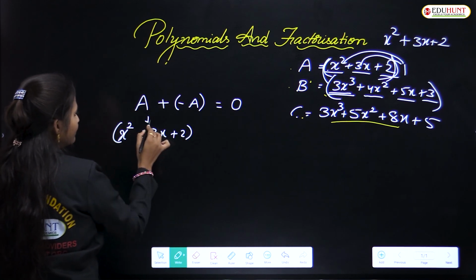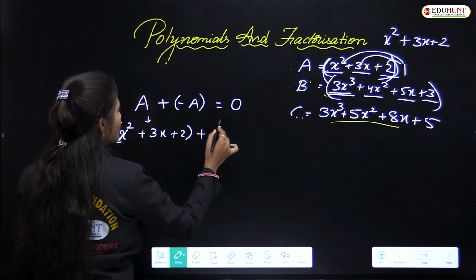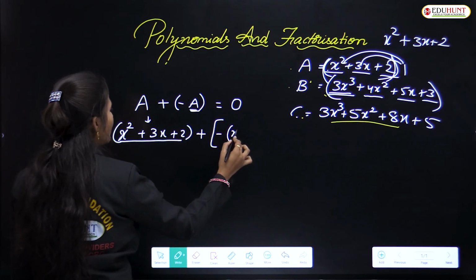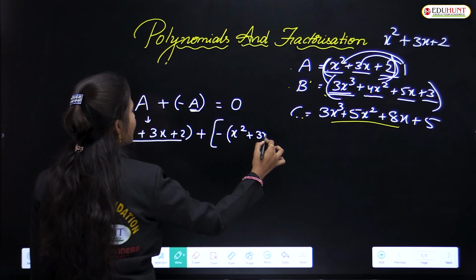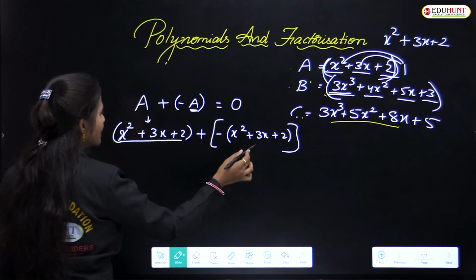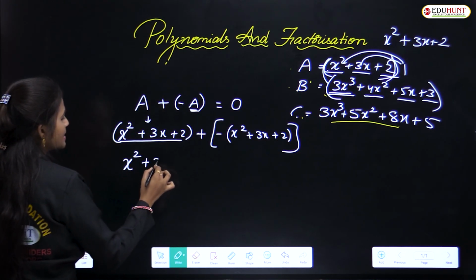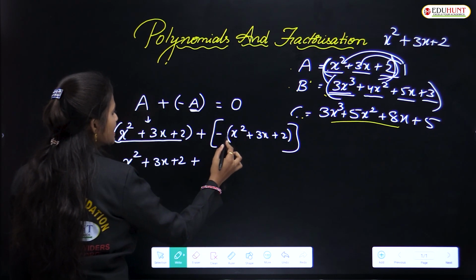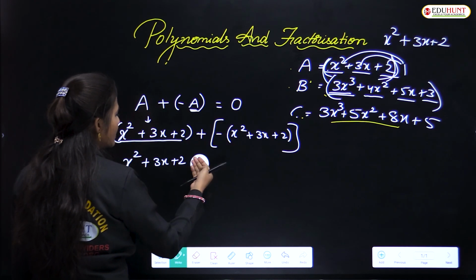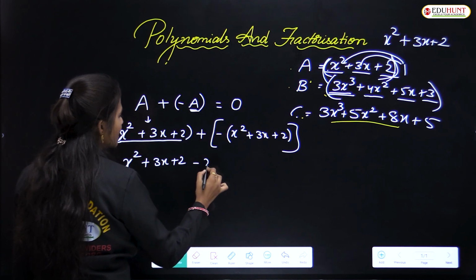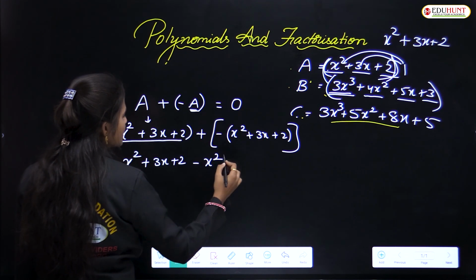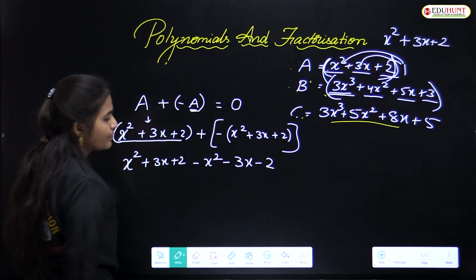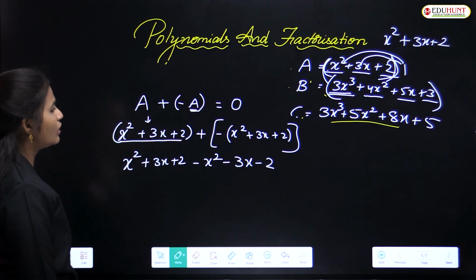Here plus of minus of a; a means again x square plus 3x plus 2. Now simplify this. Plus into minus is minus x square, minus into plus is minus 3x, minus into plus is minus 2.